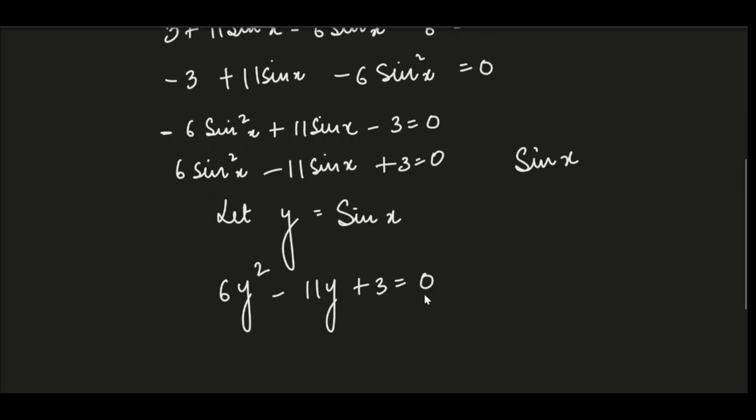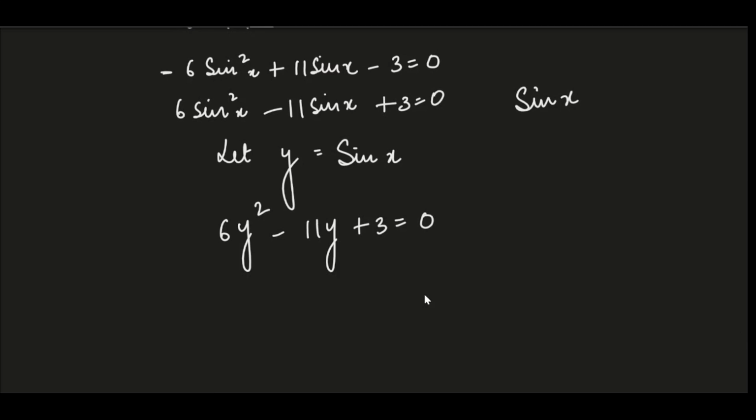When you factor this equation, you'll get two values for y: y equals 1 over 3 or y equals 3 over 2. Now the value 3 over 2 will be rejected. Why? Because sin x is less than or equal to 1. So we'll take the value of y as 1 over 3.